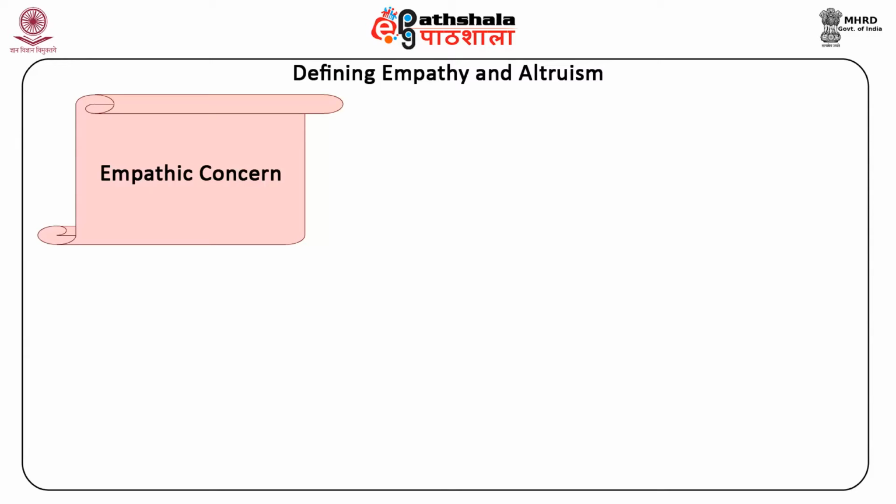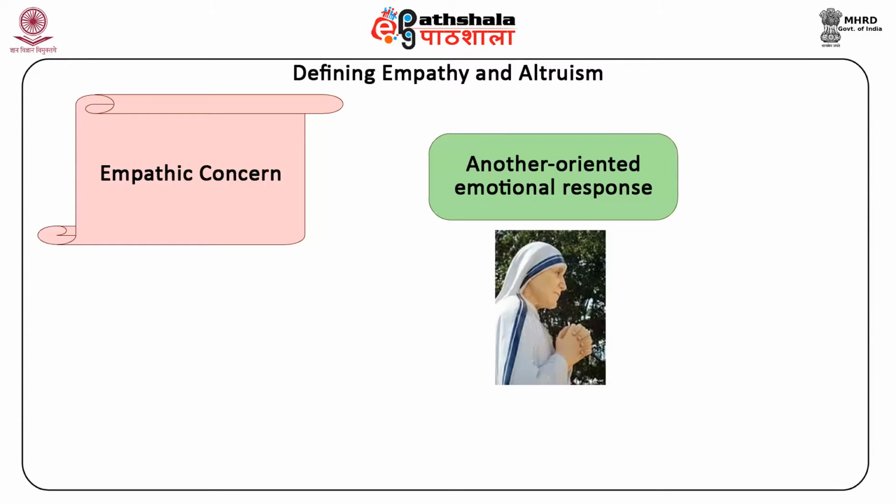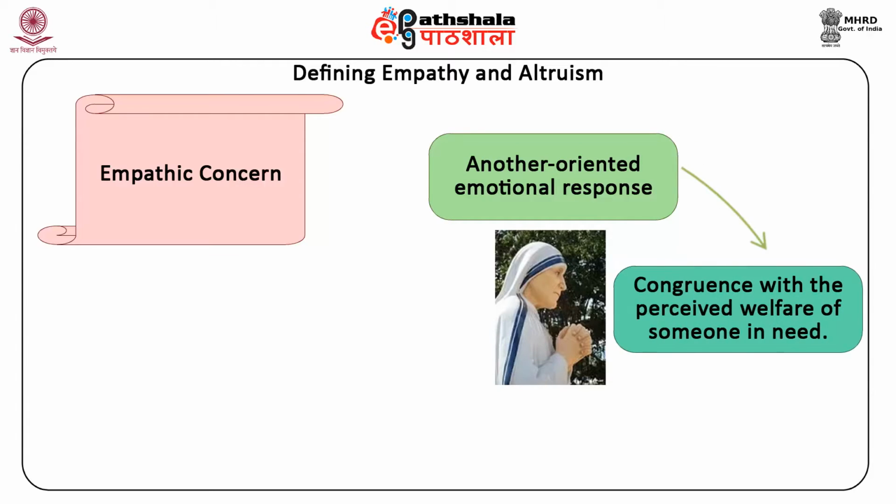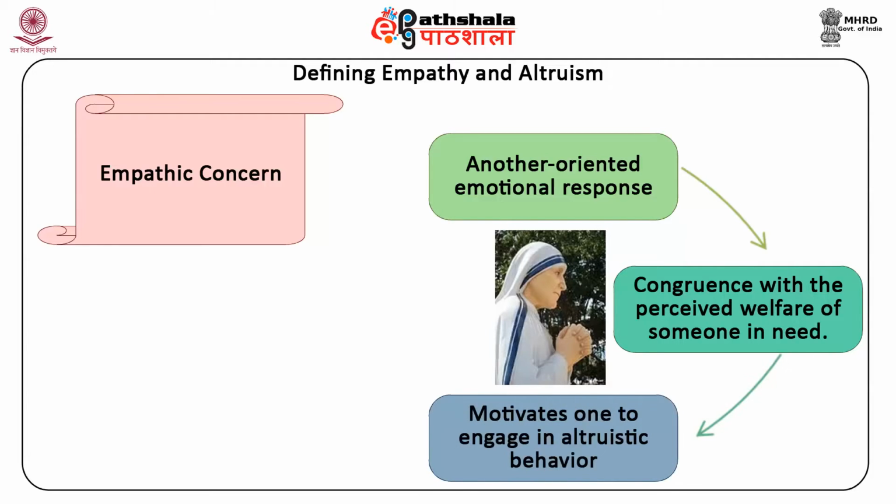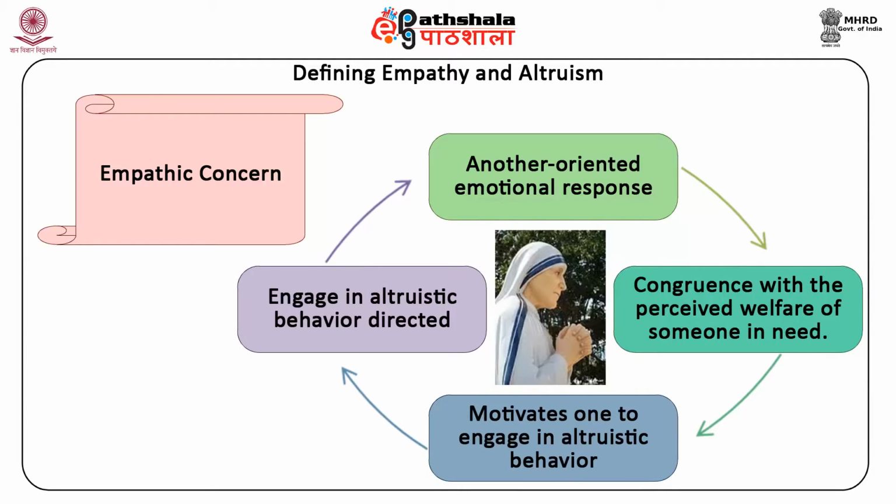Empathic concern refers to another-oriented emotional response elicited by and in congruence with the perceived welfare of someone in need. Researchers have come up with considerable evidence suggesting that empathic concern motivates one to engage in altruistic behavior directed towards reducing the need that evokes the empathy.